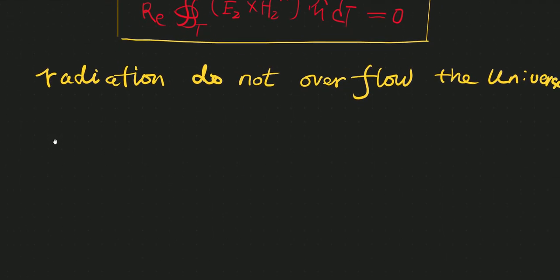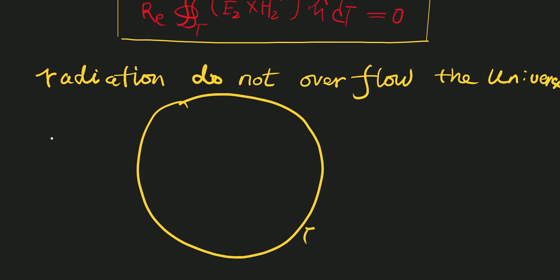That means if here is a gamma, you have a G1 that has a field, the radiation, if the gamma radius becomes infinite, the field should be zero.